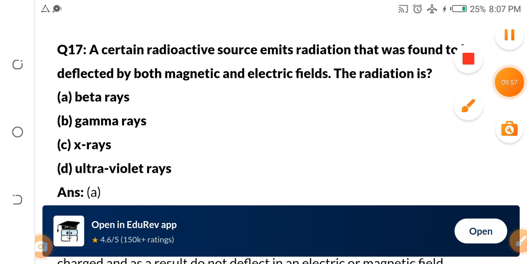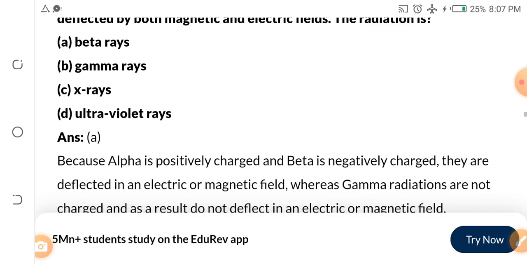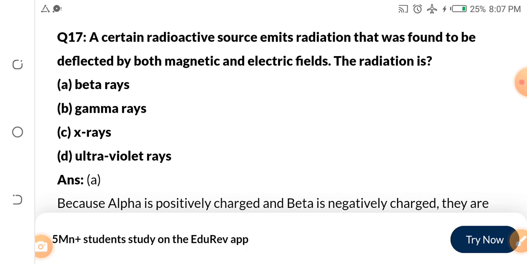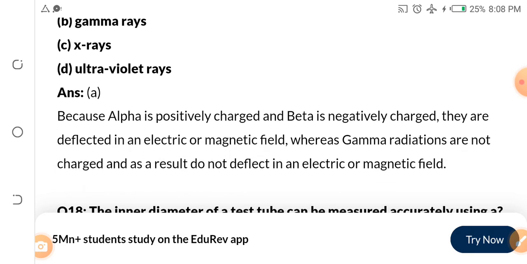A, beta rays. B, gamma rays. C, X rays. D, ultraviolet rays. The answer is A. The one that can be deflected by both magnetic and electric field is A, beta rays.